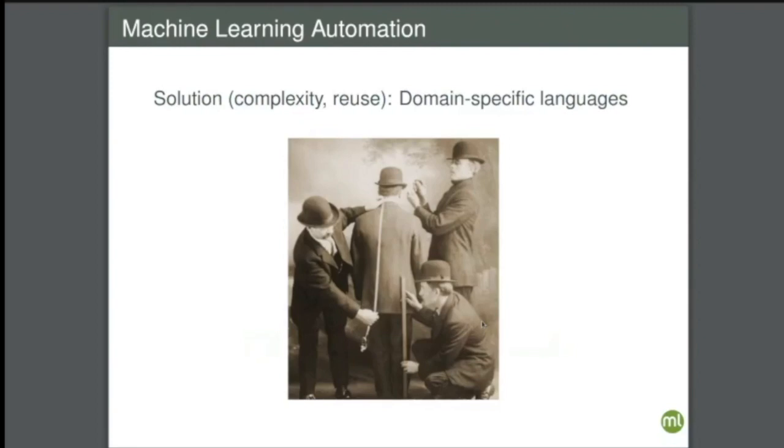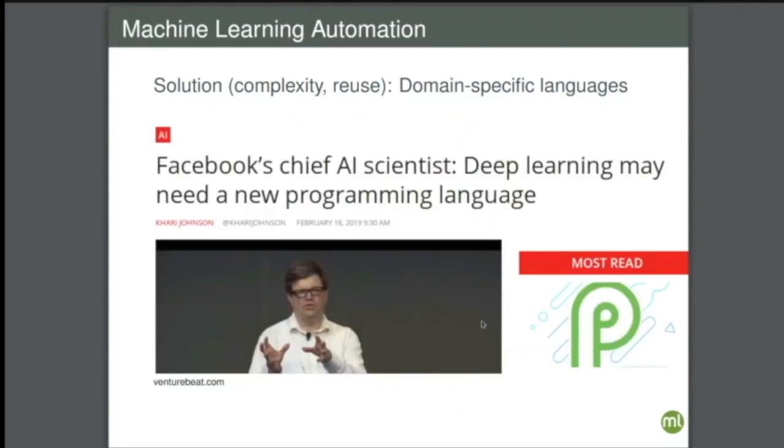So you want a language that insulates you from the little details that you are forced to be aware of when you are using a general purpose language such as Python or Node.js or whatever. You want a language where the machine learning concepts are first class, the natural concepts that you use. And for that, what you have is a domain-specific language. This is something that a few months ago I was reading in the news that even Facebook has realized is the right thing.